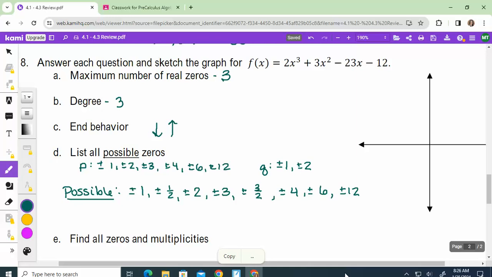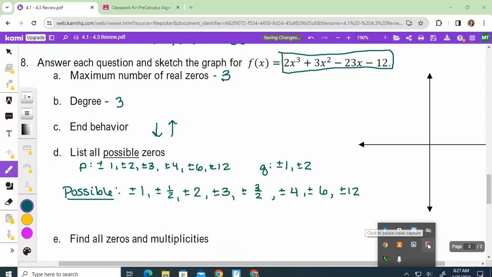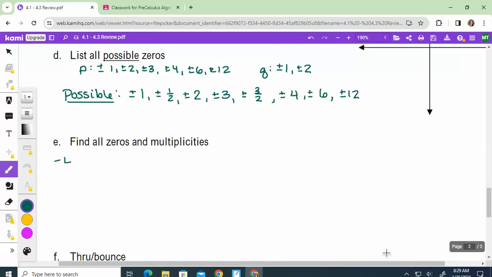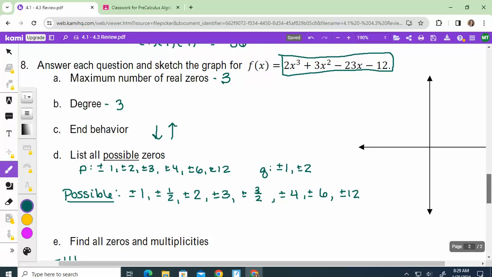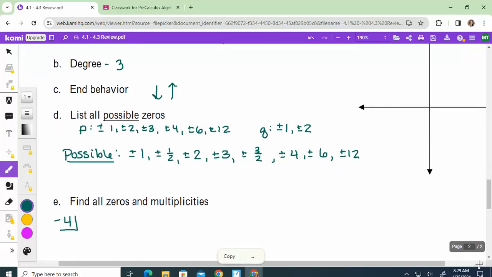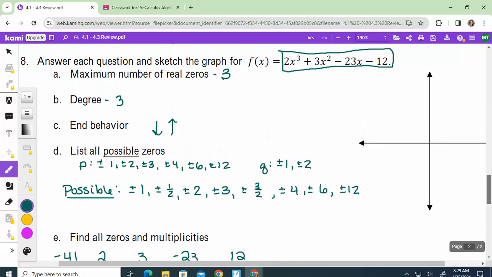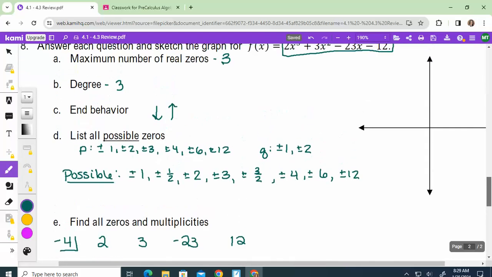Alright. Now, how do we find one? We plug them into this polynomial, and what do we want it to equal? 0. Alright, start checking. Let me know when you find one. Synthetic division. So we have a -4, and our coefficients were 2, 3, -23, -12.